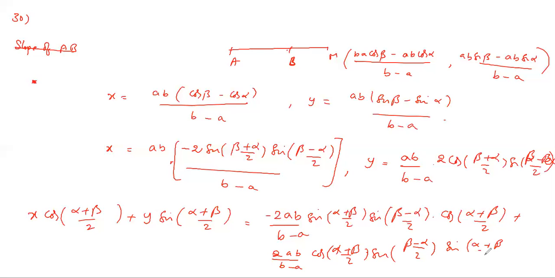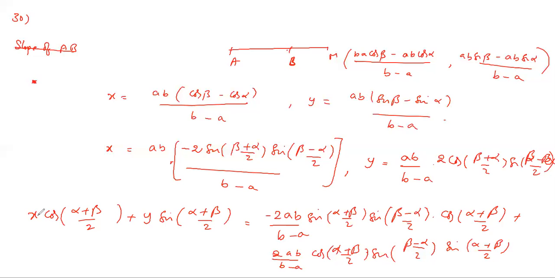Next I am writing the x value and y value. First, M is produced, meaning an external point, so I am using the section formula externally. These are the given coordinates x and y. AB is common, using the cos transformation: cos C minus cos D is minus 2 sin C plus D by 2 sin C minus D by 2, and sin C minus sin D is 2 cos C plus D by 2 sin C minus D by 2.